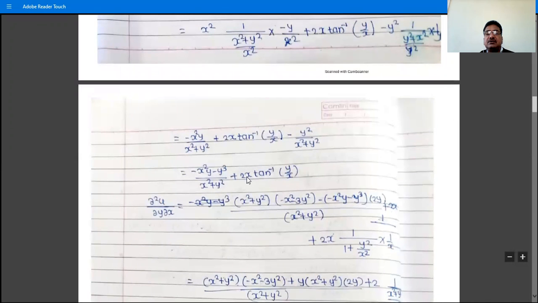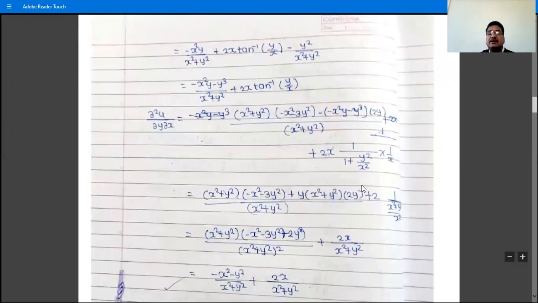Then plus 2x, which is a constant quantity, and the derivative of tan inverse y by x, because the derivative is with respect to y, is 1 by 1 plus y square by x square, into the derivative of y by x with respect to y, which is 1 by x. Then for its simplification, the LCM is x square plus y square, this 2x square, then take this x square. What is the simplification?